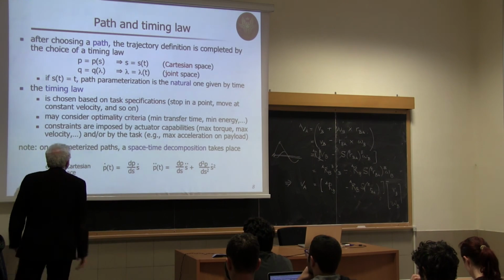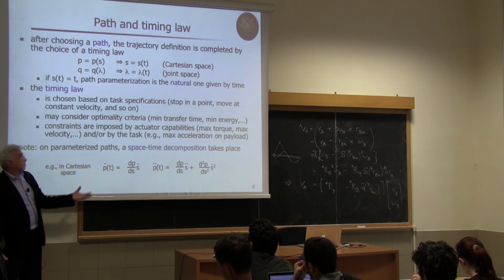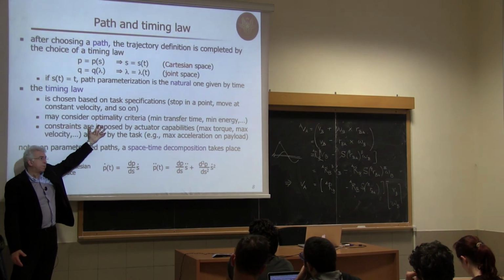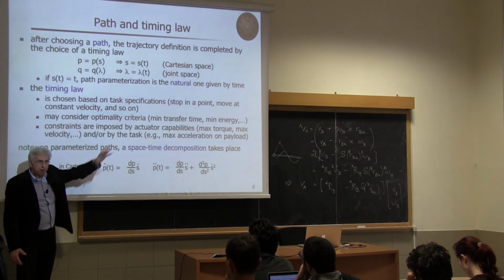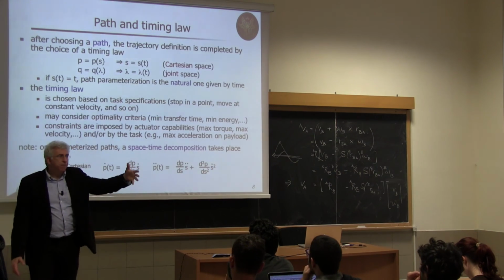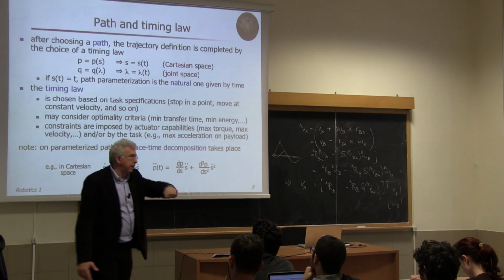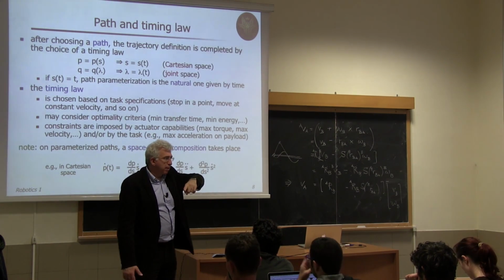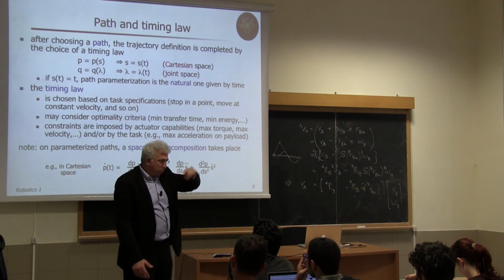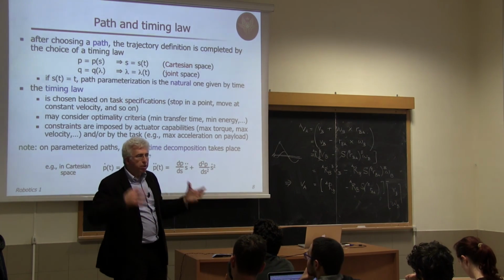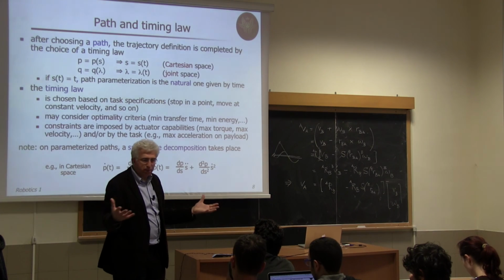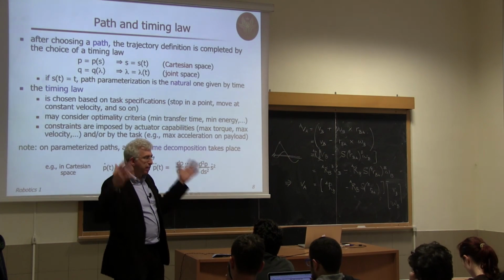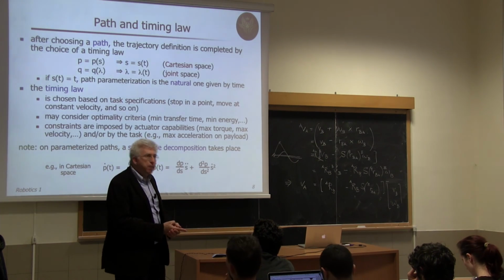And finally, if I can choose something, I can also pursue some optimality. If everything is fine, I have enough torque in my motors, and I do 10,000 times the same task, well, I may decide to do the execution so that I use at best my maximum capability, so that I do this cycle in minimum time.